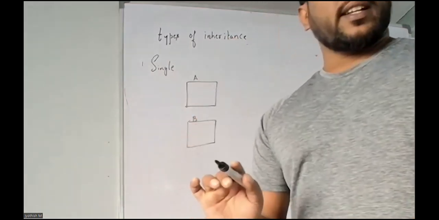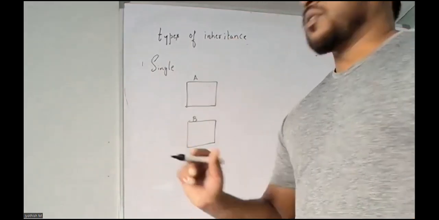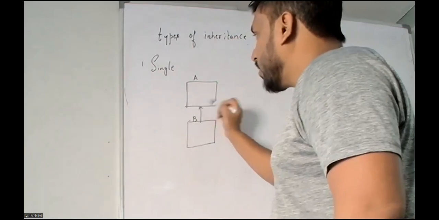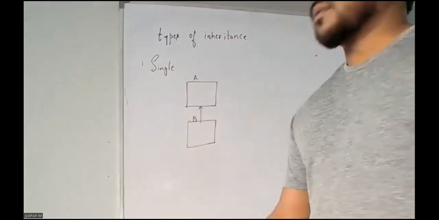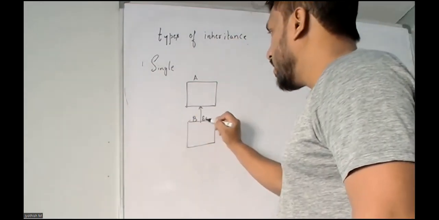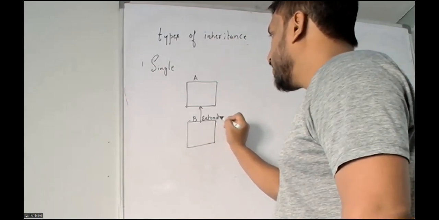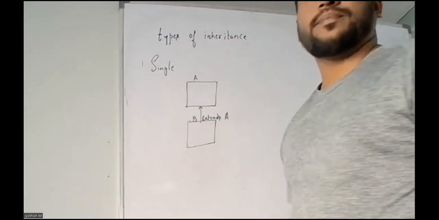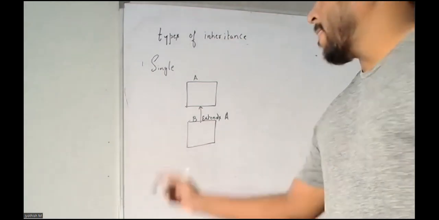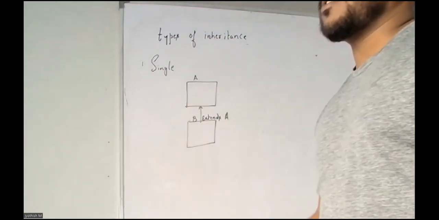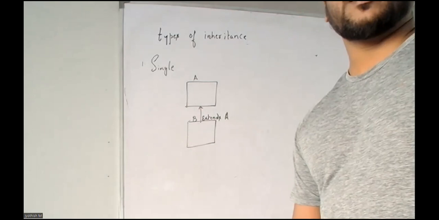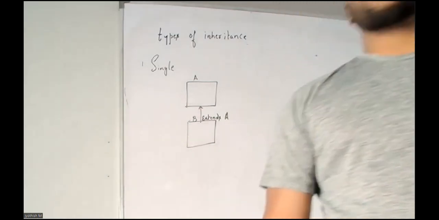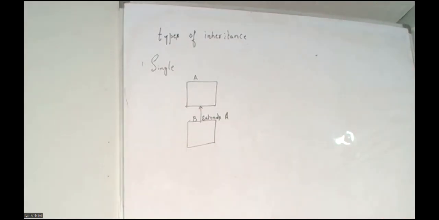Whenever we do inheritance in a diagram, you should use an up arrow, not a down arrow. Class B extends class A. So one class to another class is called single inheritance. Make a note of it. First one is single inheritance. We have one base class and one derived class in single inheritance.